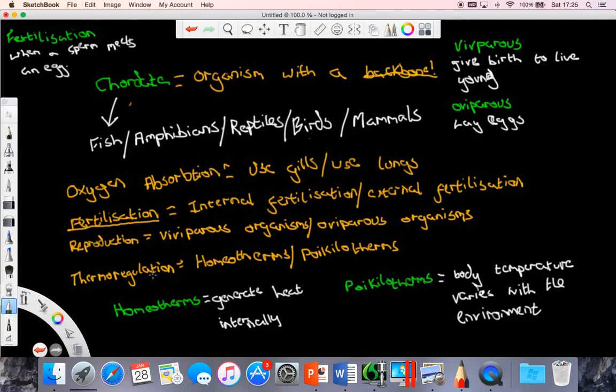Thermoregulation is the final thing you need to know about. Some organisms are homeotherms and some are poikilotherms. So homeotherms are organisms that generate their own heat internally, whereas poikilotherms are organisms that vary their body temperature depending on the environment, such as reptiles, amphibians.